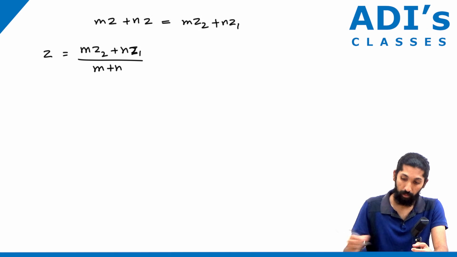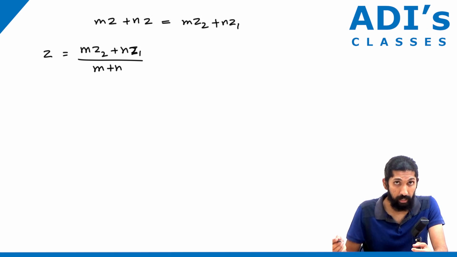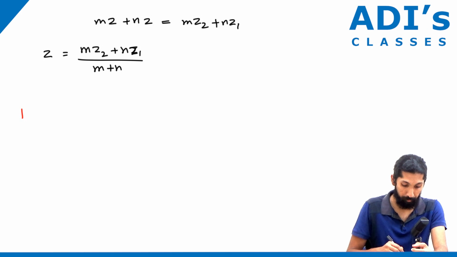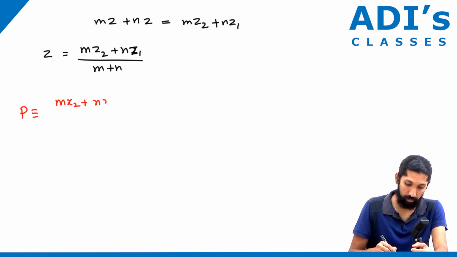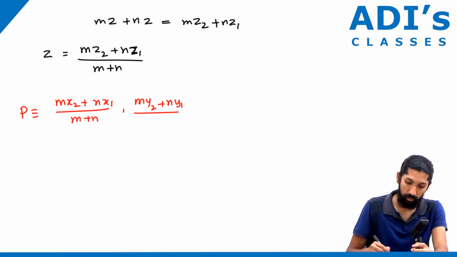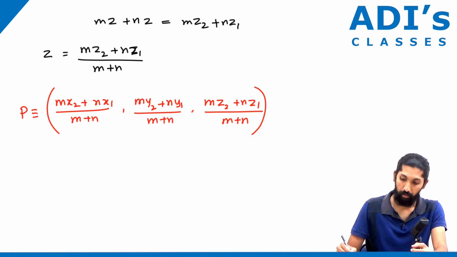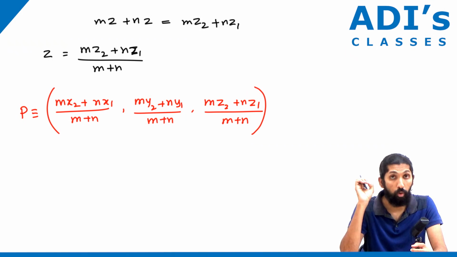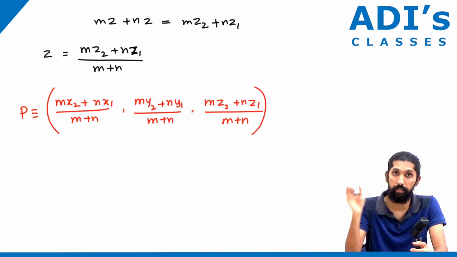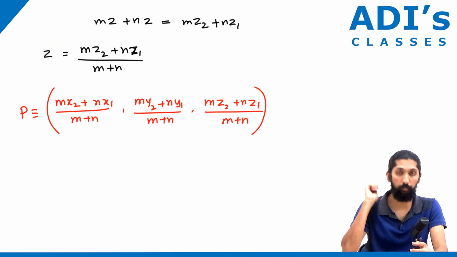In the sense here, if you take it for the X, Y and Z, then the coordinates of point P are going to become (mx2 plus nx1) divided by (m plus n), (my2 plus ny1) divided by (m plus n), and then (mz2 plus nz1) divided by (m plus n). So this is going to be the coordinates of point P, x, y and z. This is the final formula.